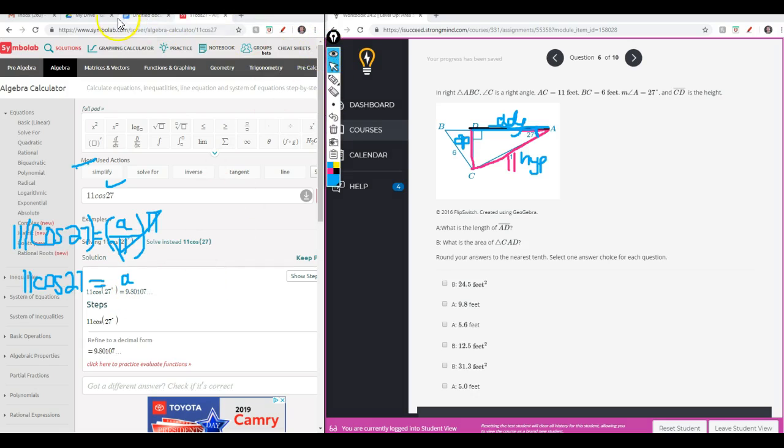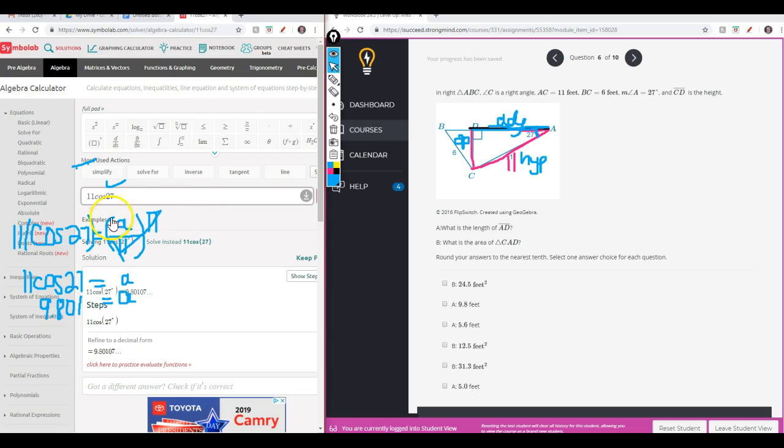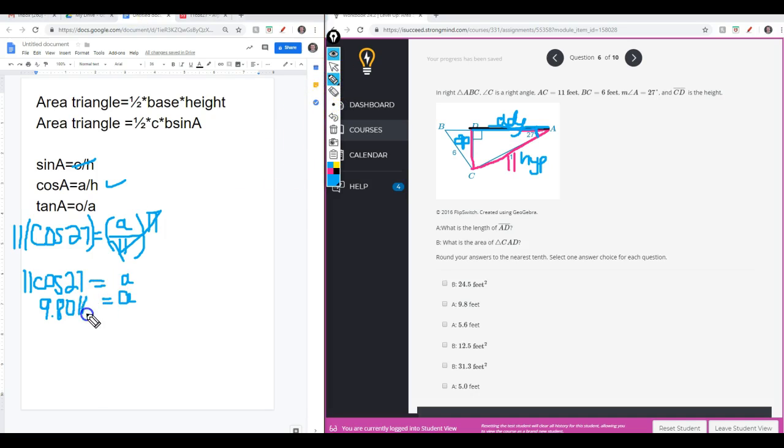And I'm not going to round it right now because I've got to use it in our area of a triangle. So a is equal to 9.80107. I'm going to just write out however many decimals that gave me.